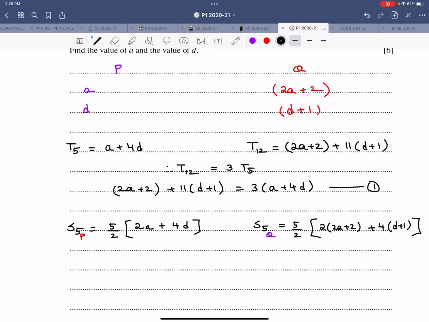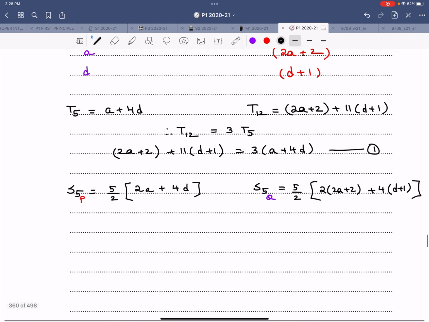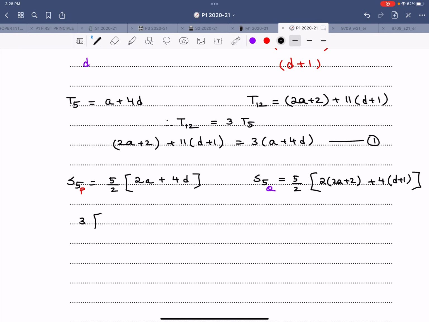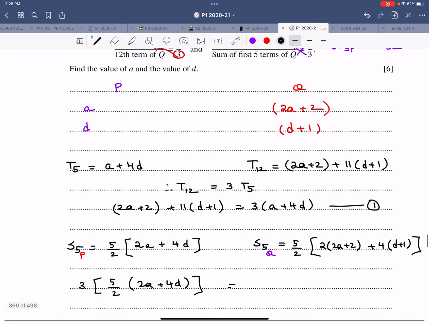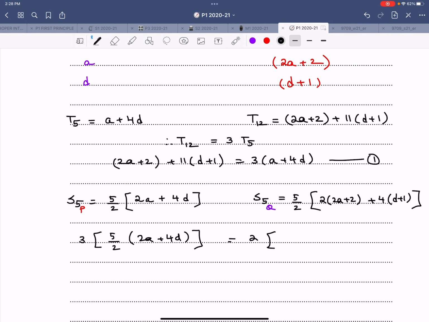So 3 multiplied with 5 over 2 bracket 2A + 4D is the left hand side. And this is 2 multiplied with 5 over 2, times 2 times (2A + 2), plus 4 times (D + 1).